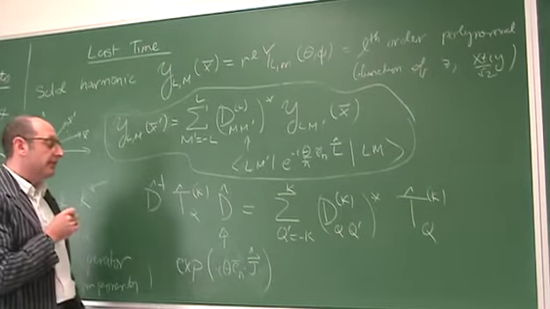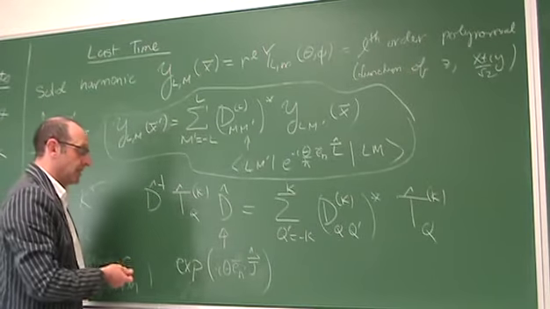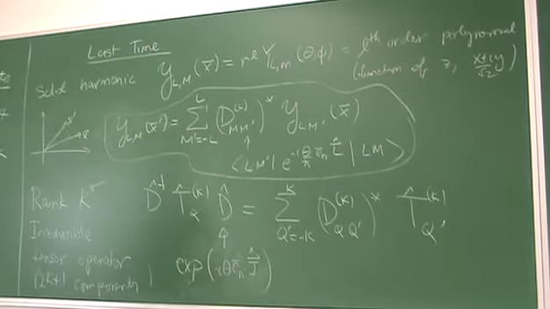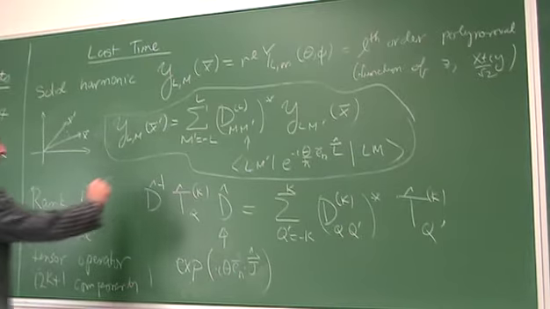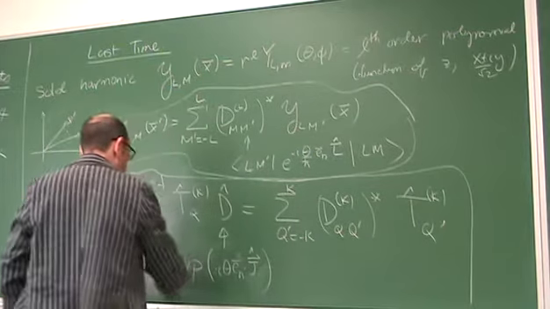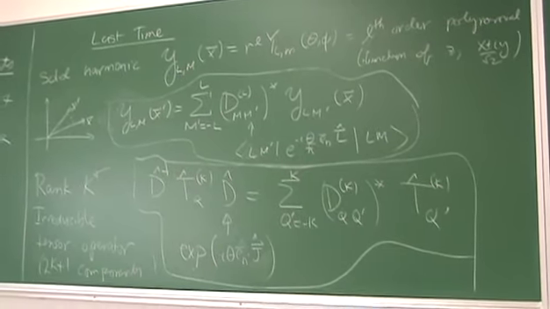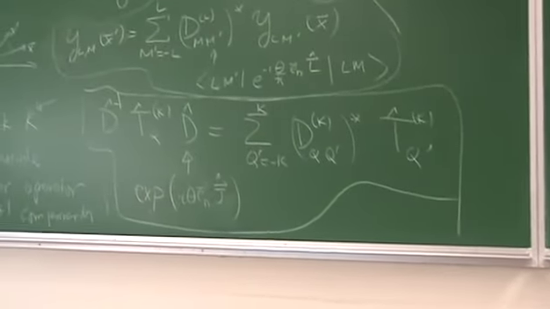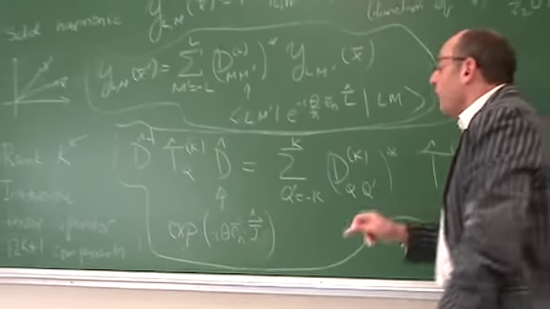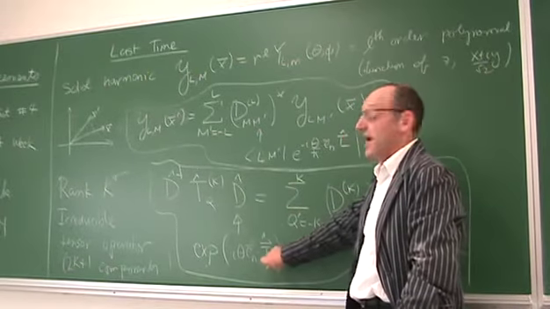And those components transform under a unitary transformation as a rotation in this manner. Okay, and that is the definition. A collection of 2K plus 1 operators that transform this way is said to be the components of an irreducible tensor operator written in the spherical basis with respect to rotations generated by J.